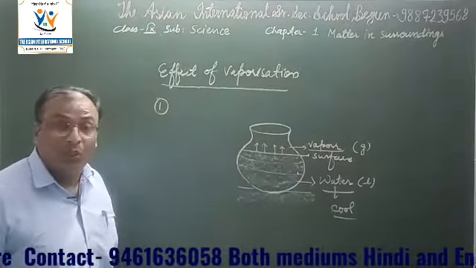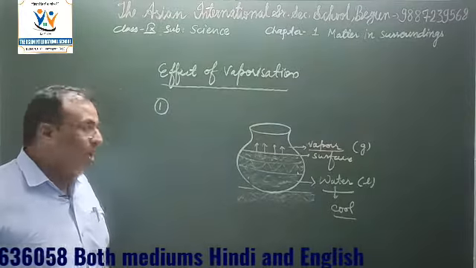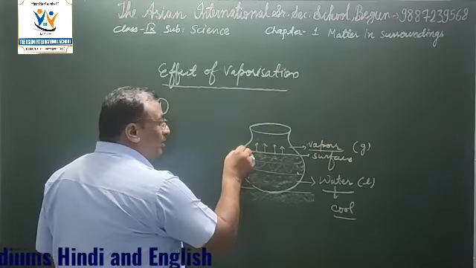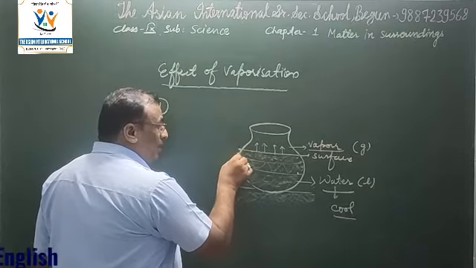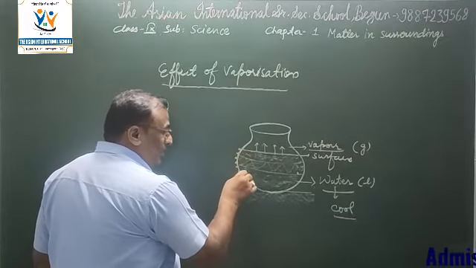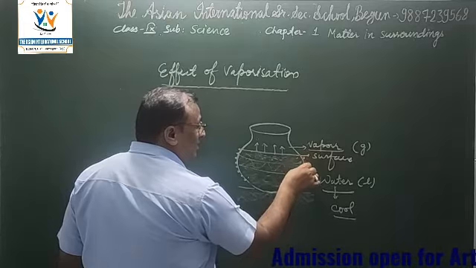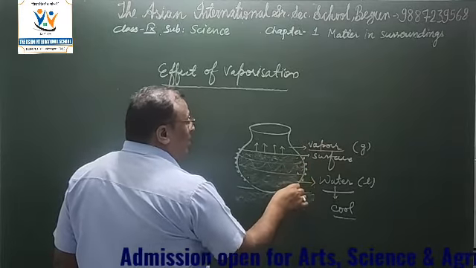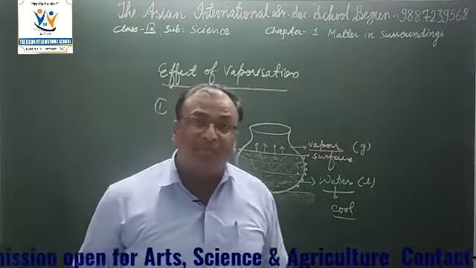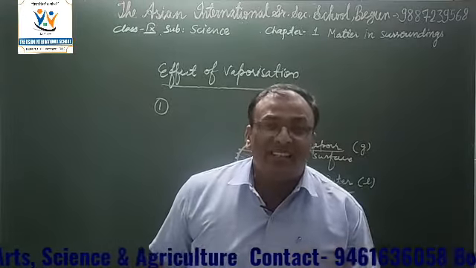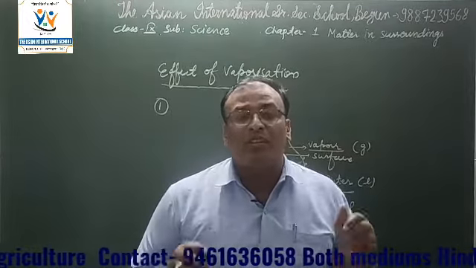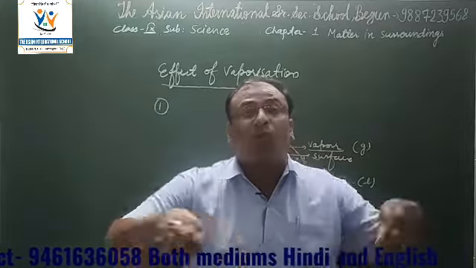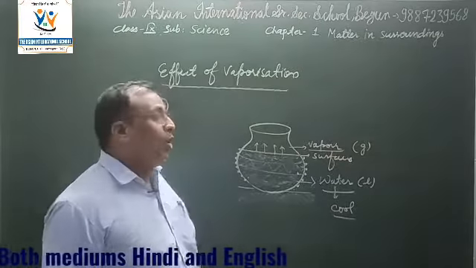Sometimes you have observed some water droplets on the earthen pot. Why? Because earthen pots have small pores, and some of the drops can come out from inside to the outside surface of the earthen pot.